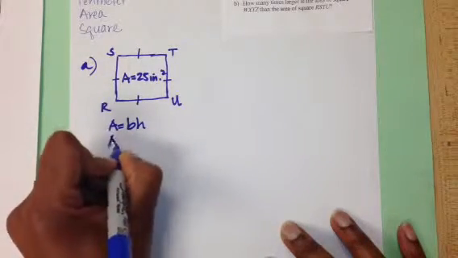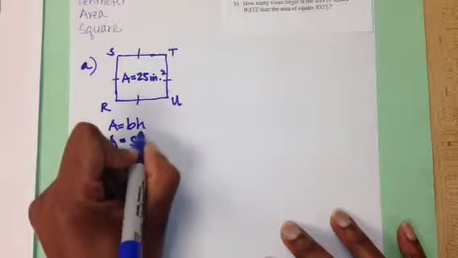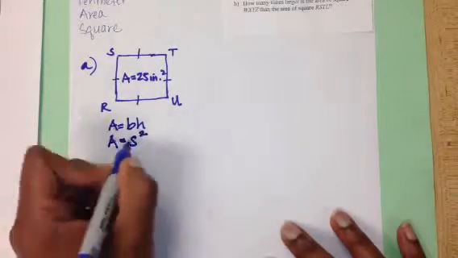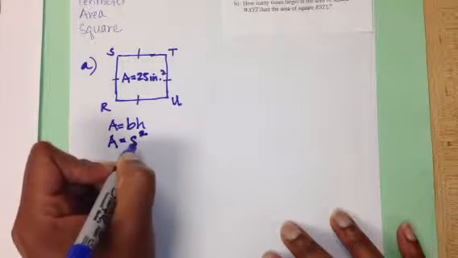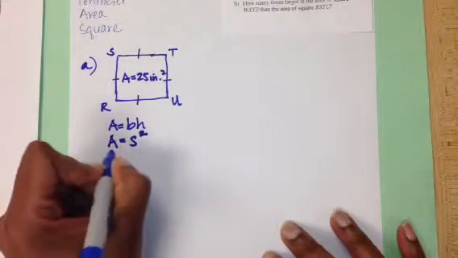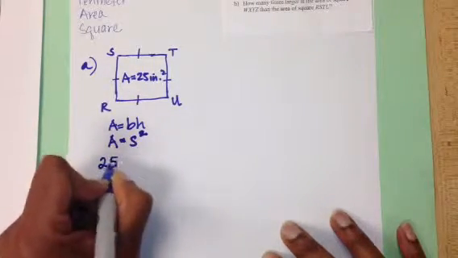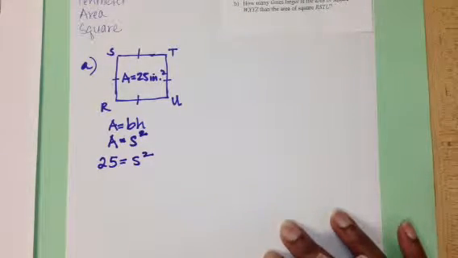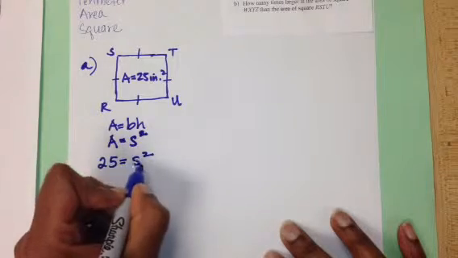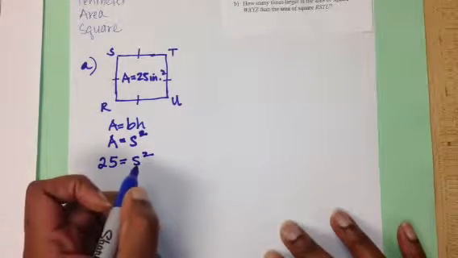So we can rewrite our formula as A equals S squared. S represents the side, and because the sides are the same, we're squaring it. If we know our area is 25, and we're trying to find the sides, we solve for S. To undo a square, we take the square root.